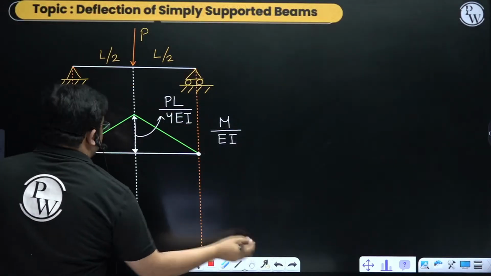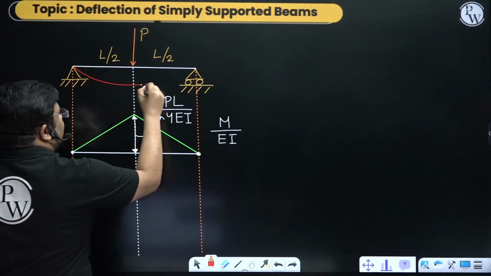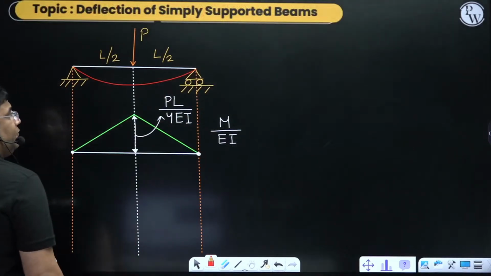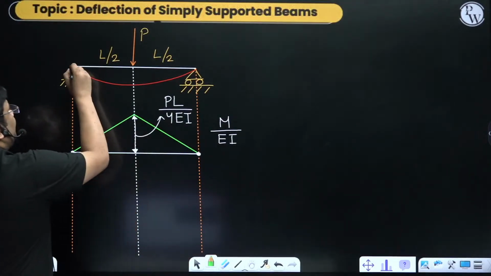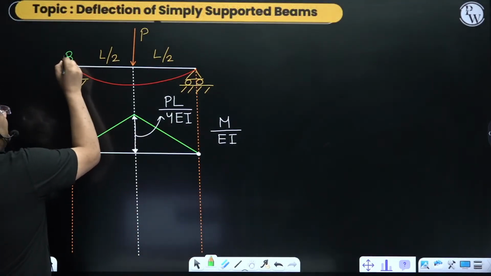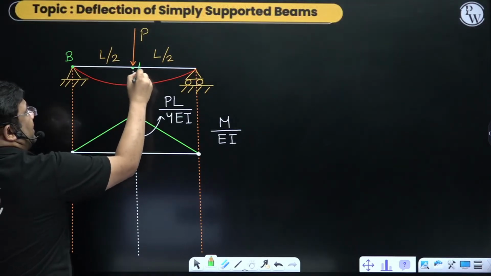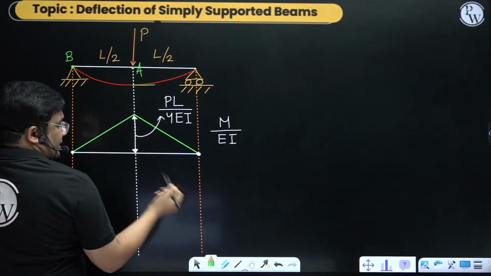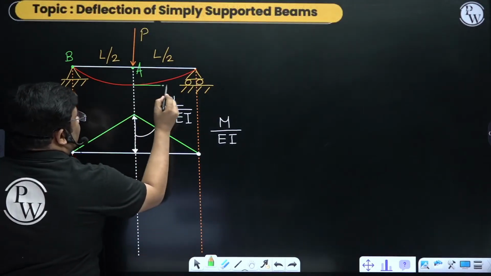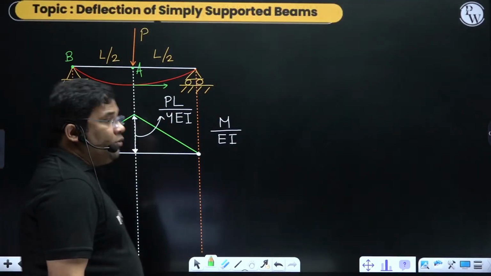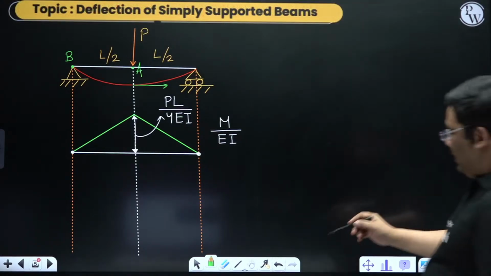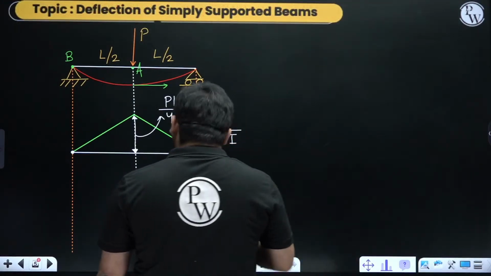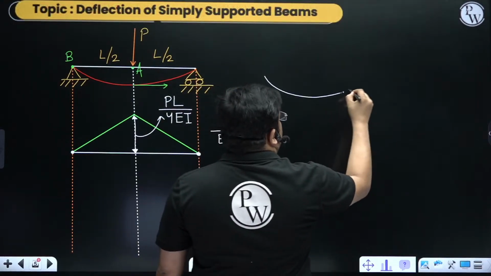If I consider two points, suppose this is point B and this is point A. At A, the slope is 0, because it is at the center.